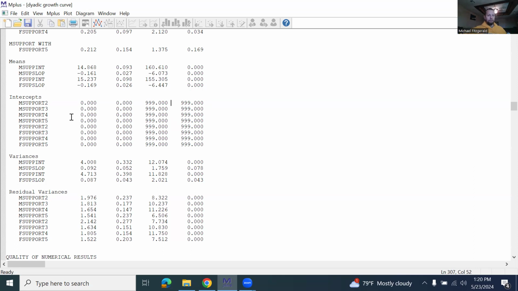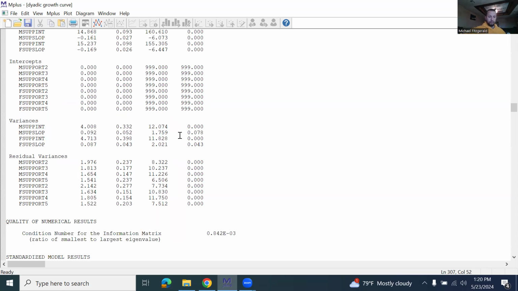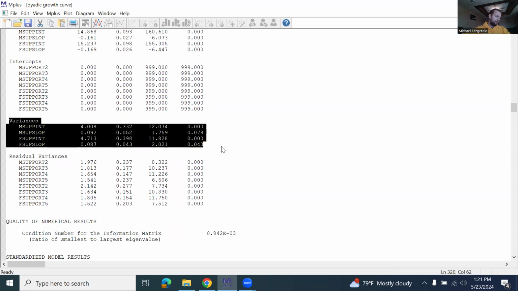All right. So another really important characteristic of growth curve modeling are the variances. And so oftentimes we are going to want to include a covariate or a predictor that is accounting for variation in the intercept and/or the slope.